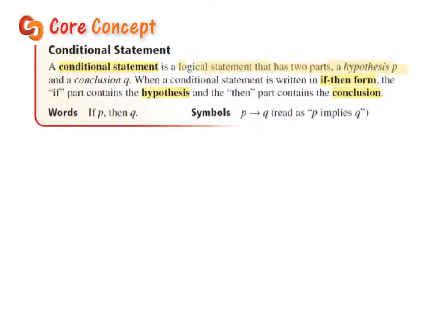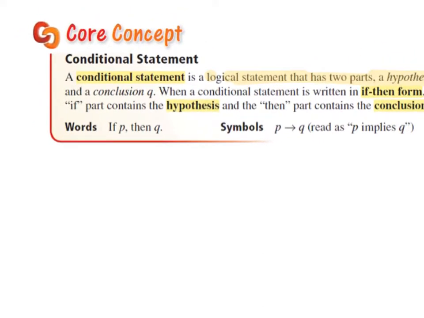The hypothesis is basically the if, and the conclusion is basically the then. So what they do is they put that with these little notation types of things. P would be the hypothesis, and then Q is the conclusion.